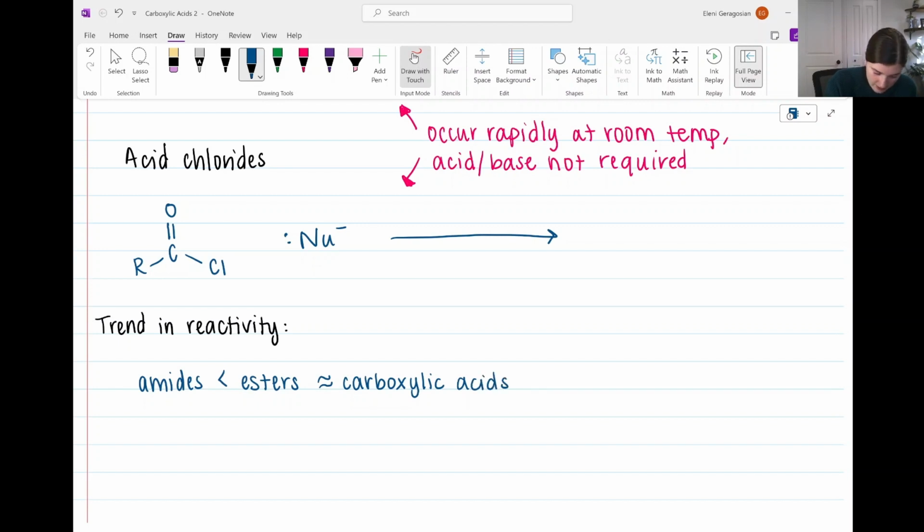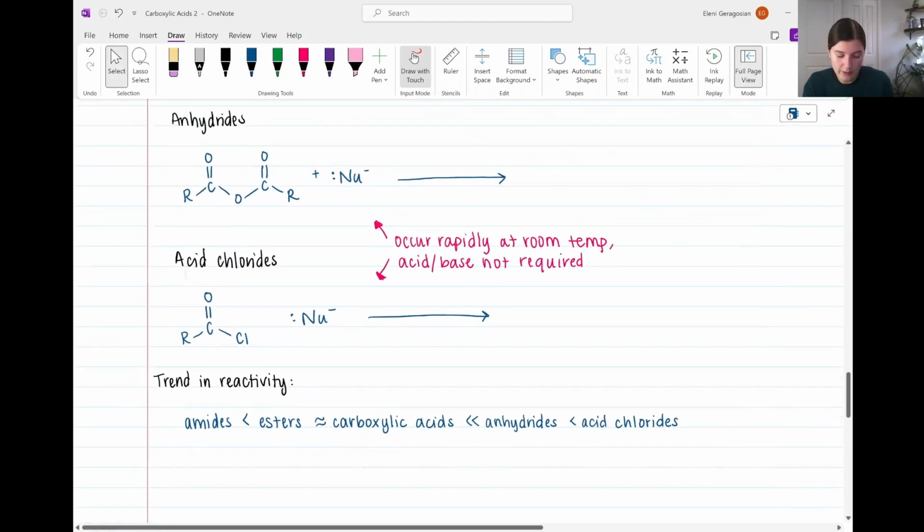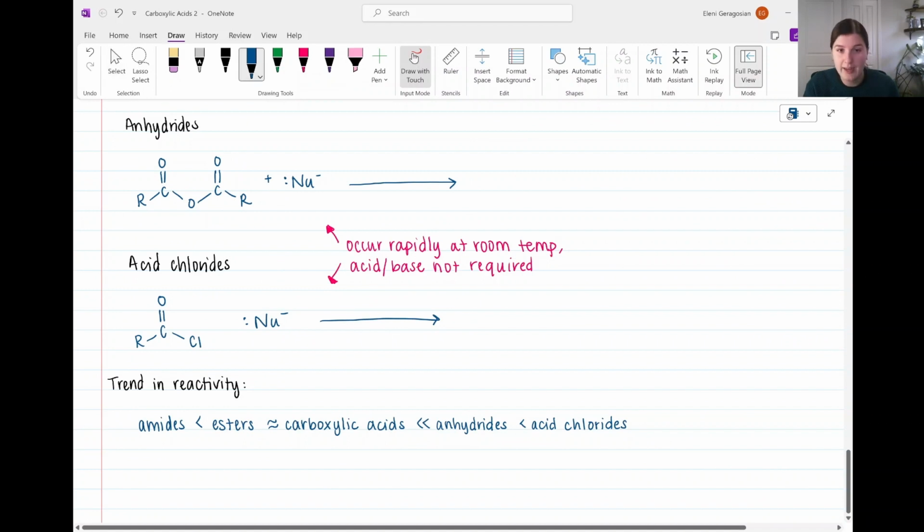And then anhydrides are much more reactive than esters and carboxylic acids. And acid chlorides are slightly more reactive than anhydrides. Now, from what we've stated so far, we can't directly compare anhydrides and acid chlorides.